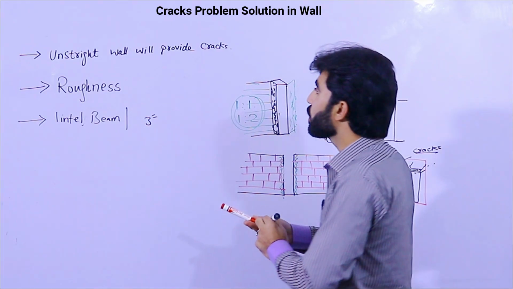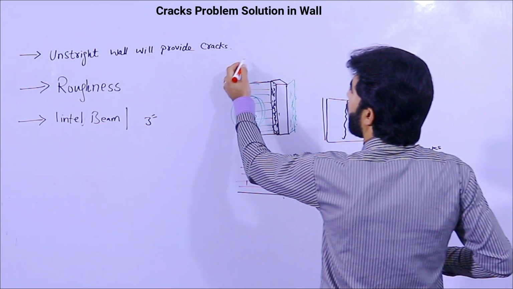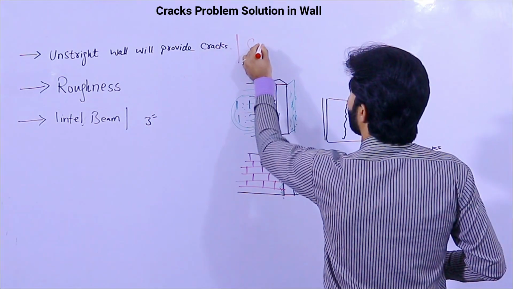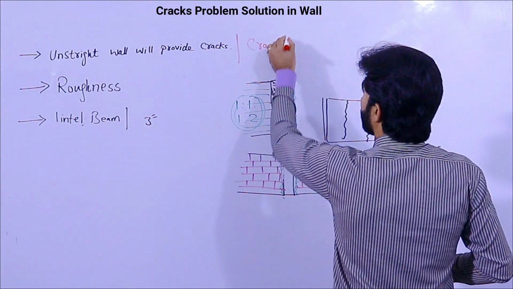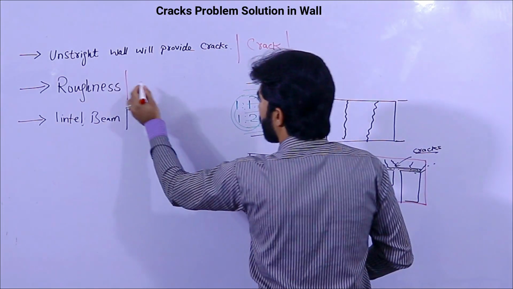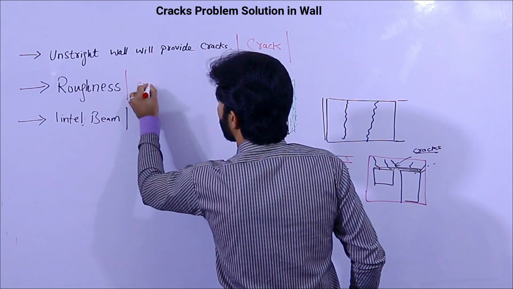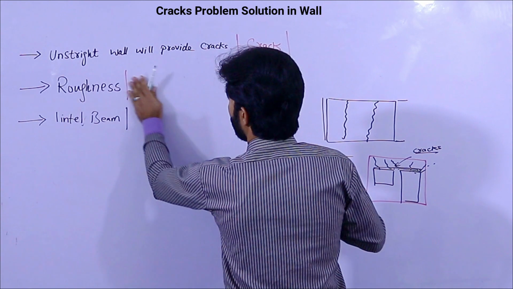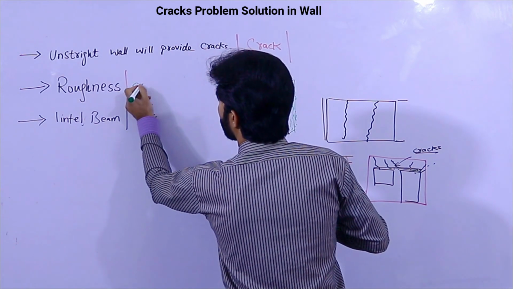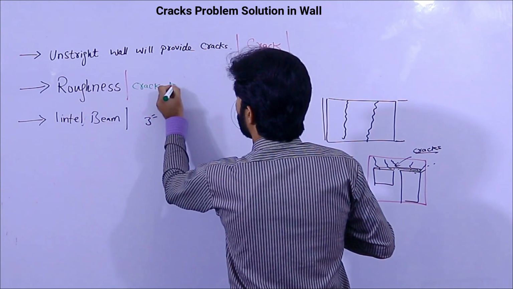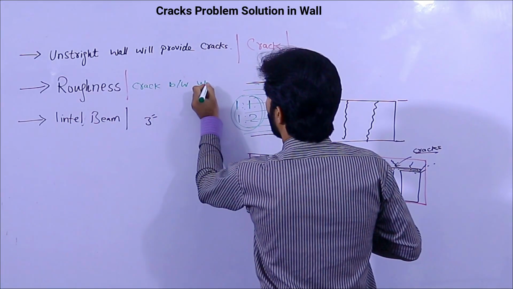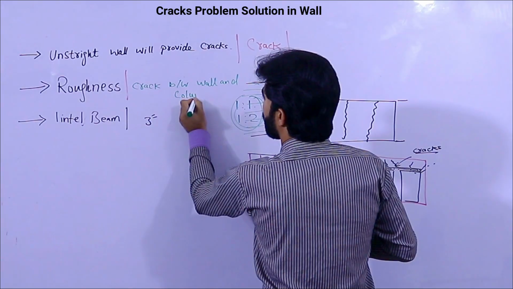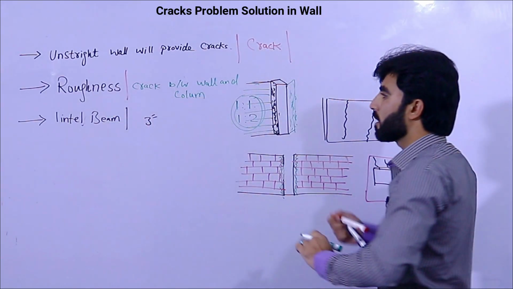So the first one is for these cracks. The second one is for cracks between wall and column; this is the solution: make its surface rough.